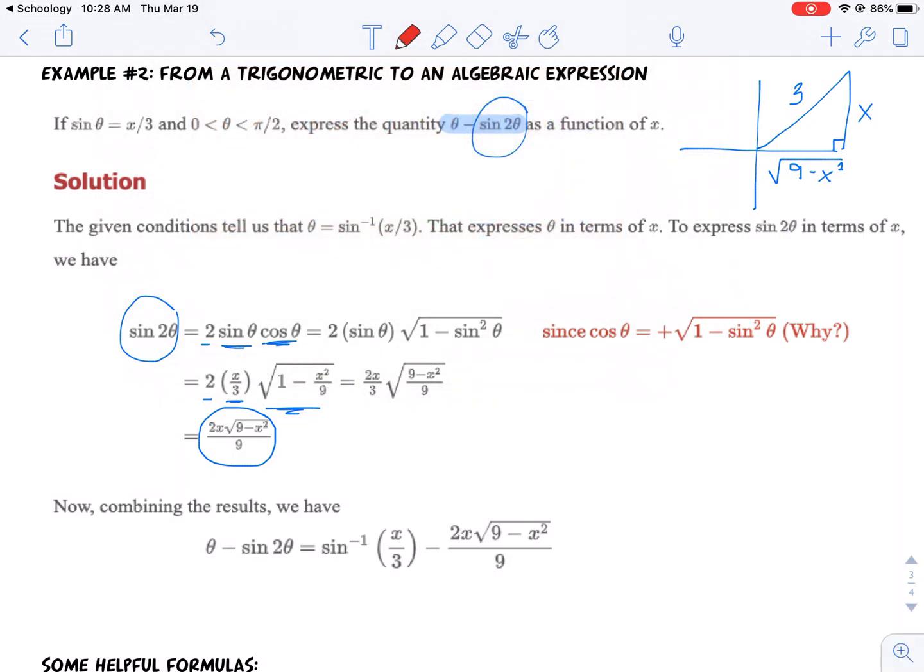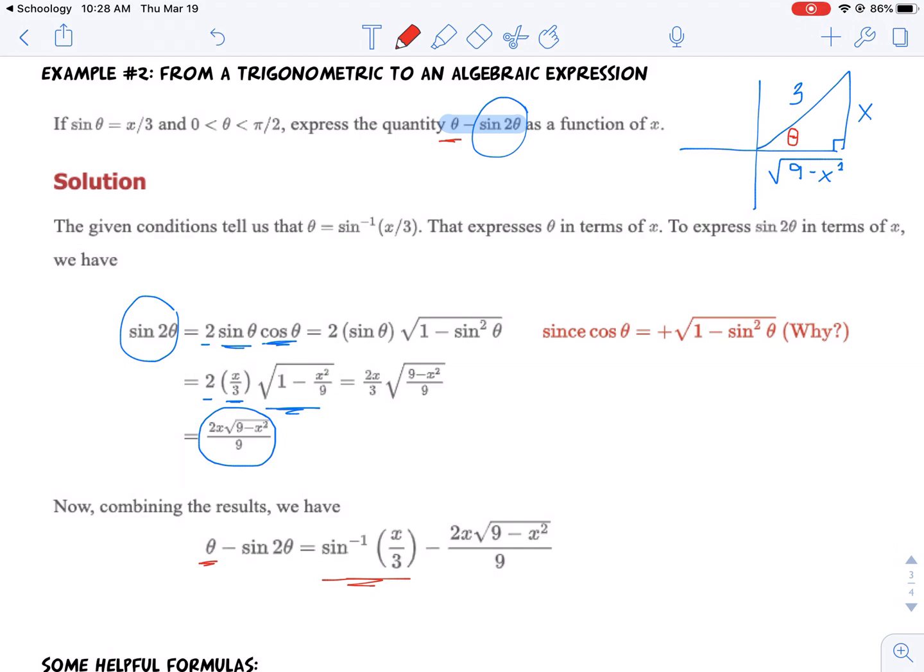Well, it wants us to find theta. Well, theta, I can't just find. I don't know what the measure of that angle is. I don't know it's 30, I don't know that it's 45, say, like, I don't know. So if I don't know what it is, I'm going to rewrite it as sine inverse of x over 3.